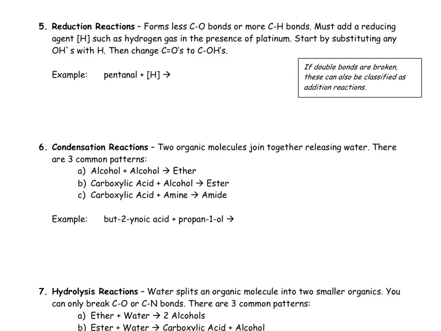Here we have an example of pentanal being reduced. So I have 5 carbons, single bonds between them, and I have a carbonyl functional group on this end carbon. If you're looking at this molecule, there are no OH groups. So I have to go and attack this double bonded O and change it into an OH.